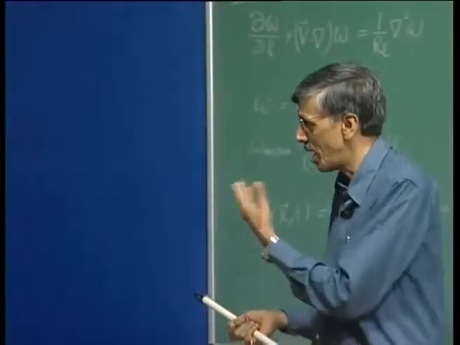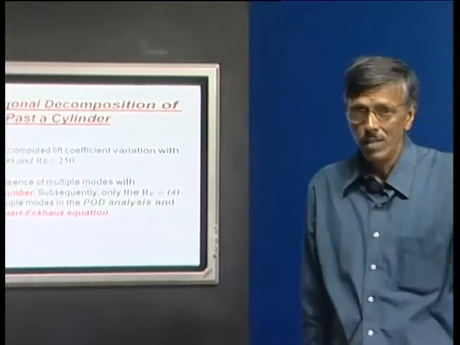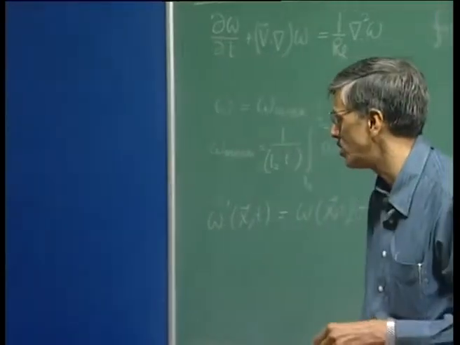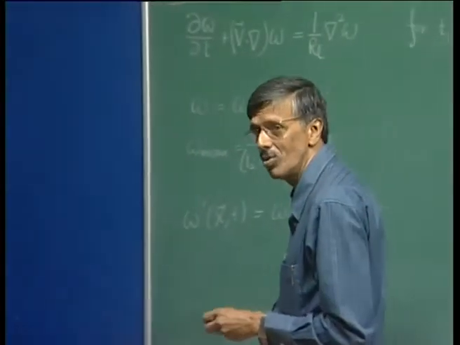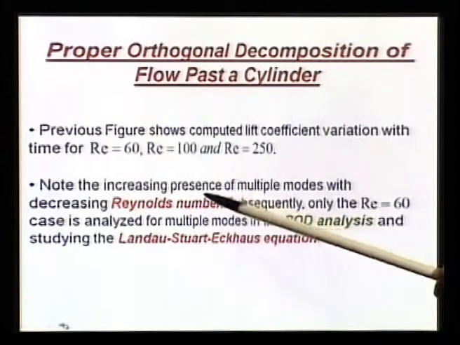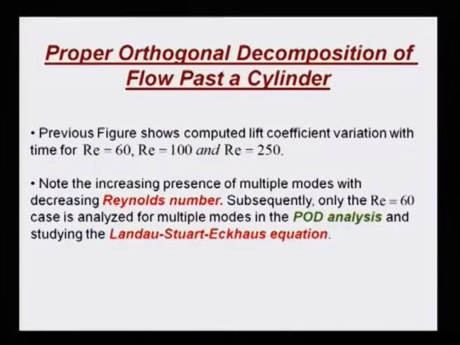For example, for R equal to 60, we saw that even in the equilibrium stage, you have significant variation of the amplitude. That implies that there are more than one modes present, isn't it? So, that is what we are saying. Presence of multiple modes is noted with decreasing Reynolds number.